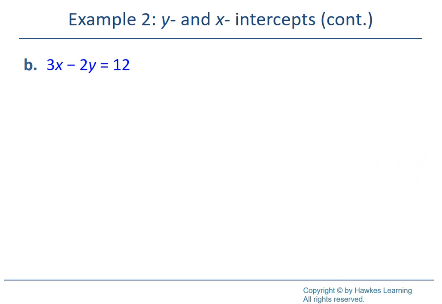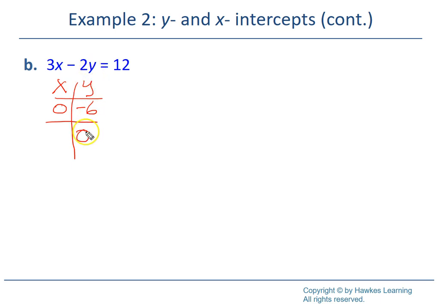So what's the first thing you're going to draw when they give you an equation in standard form if they want you to find the intercepts? Well, it will be an X and Y intercept t-chart. So if X is 0 here, divide both sides by a negative 2, this becomes a negative 6.